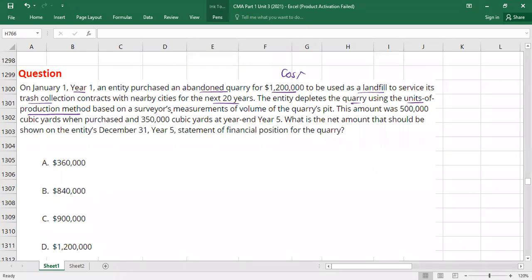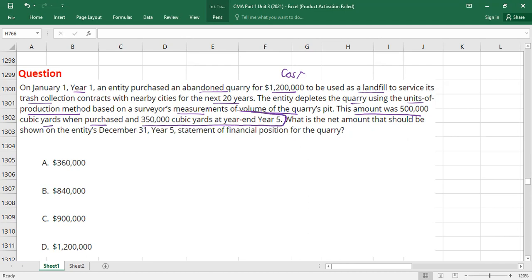Based on the survey's measurement of the volume of the quarry's pit, the amount was 500,000 cubic yards when purchased. This is the total estimated. And 350,000 cubic yards at the end of the year.